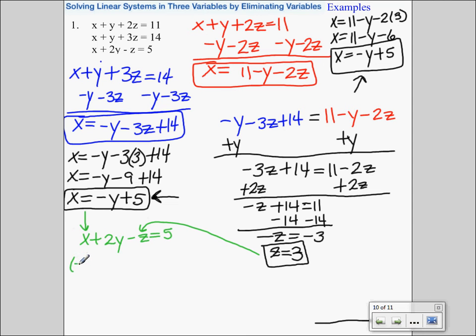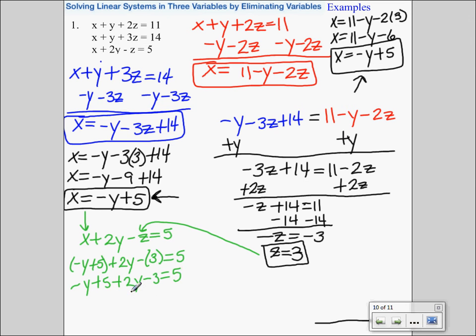So, in for x, let's put a negative y plus 5 plus 2y minus, and then in for z, let's plug a 3 equals 5. So now let's go through and simplify. We have negative y plus 5 plus 2y minus 3 equals 5.